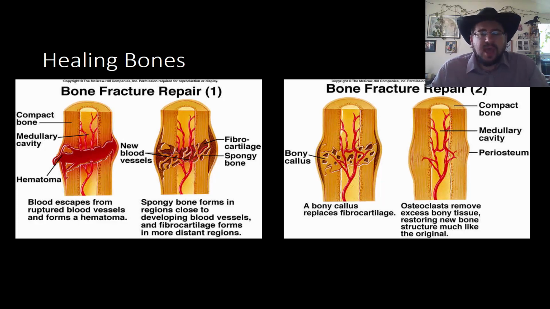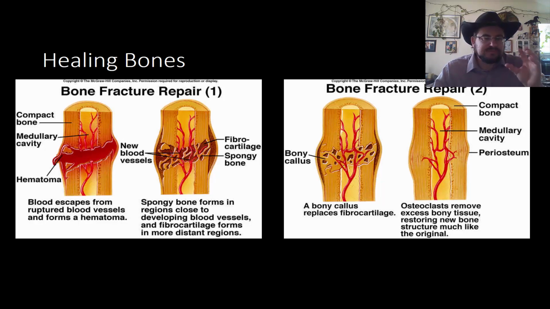Okay, so there are 4 basic steps to healing a bone, right? This is an example of healing a transverse fracture, a right angle fracture that goes all the way through. We start off with the fresh fracture here. We have ruptured blood vessels forming this bloody little hematoma, right?